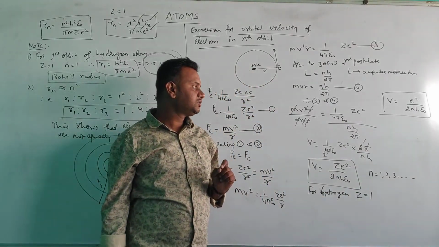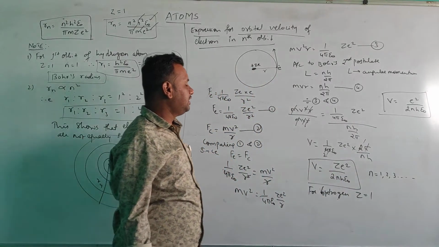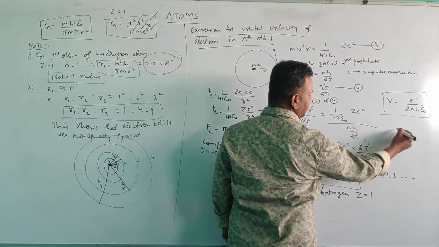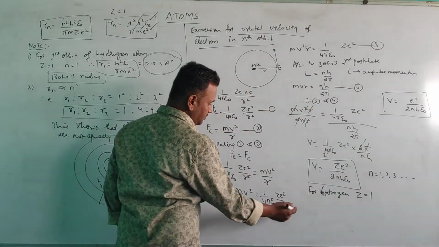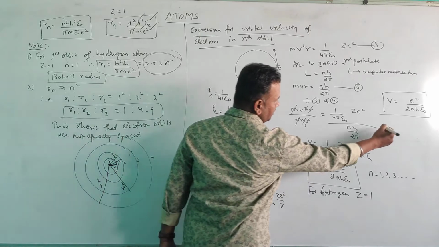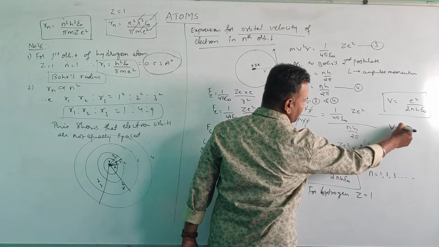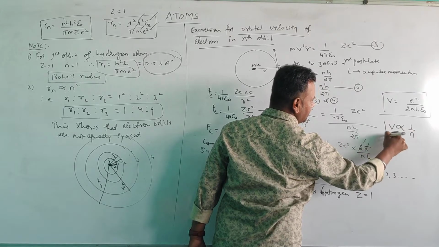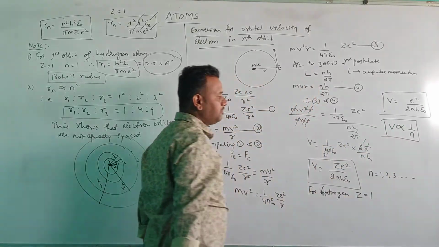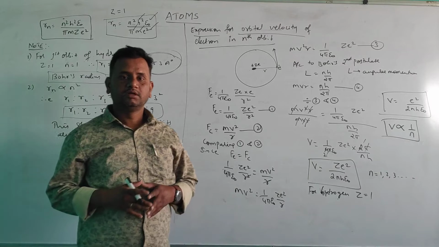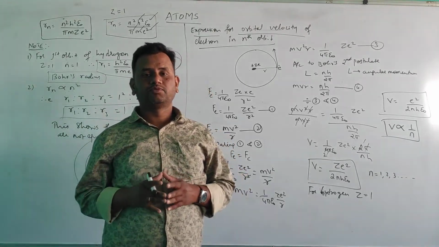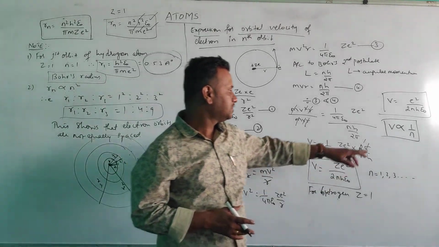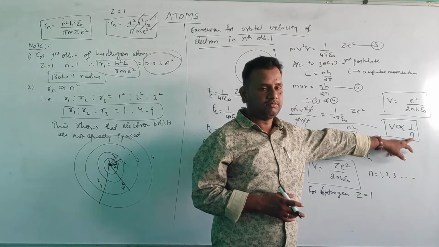One thing you should remember, dear students: from this expression we get that v is inversely proportional to n. The orbital velocity is inversely proportional to the orbit number.